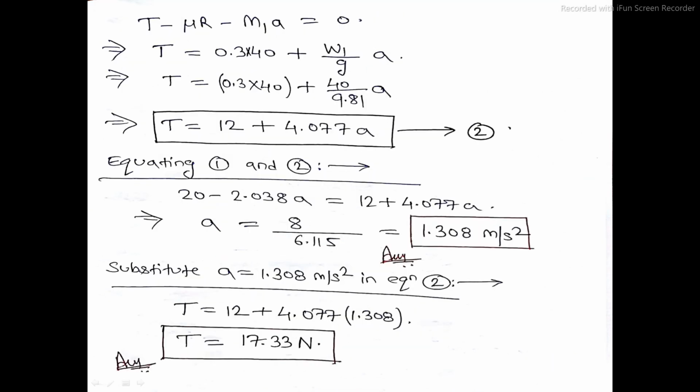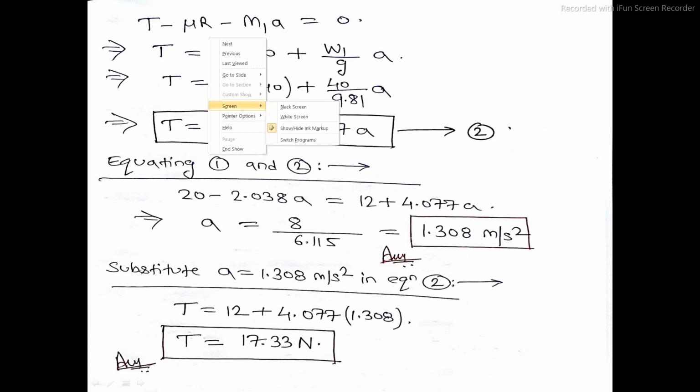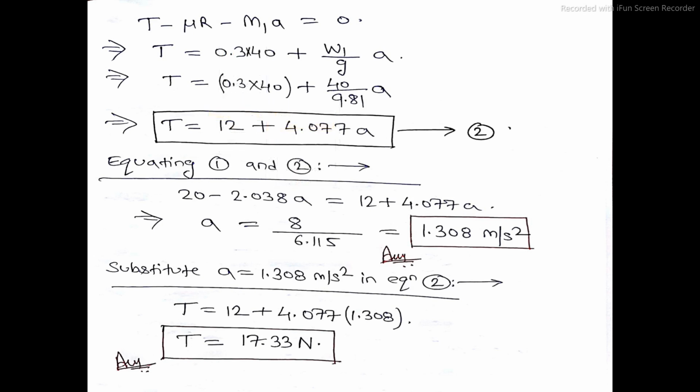That is T minus mu R minus m1a equal to 0, or you can write T is equal to mu R plus m1a.